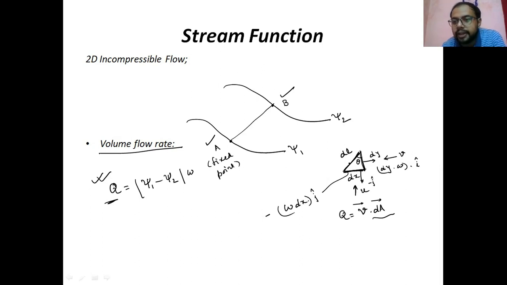So here, what is the flow rate coming in? From both sides, the flow is coming in.